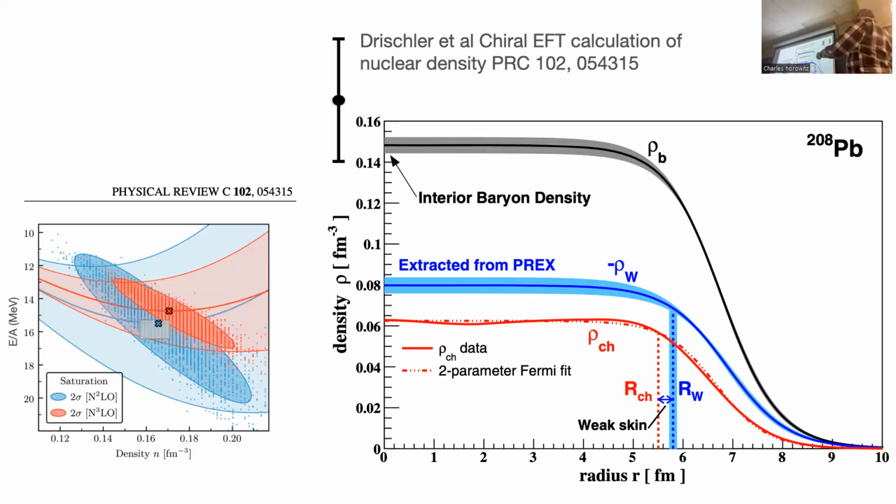Here's our measured baryon density in lead. It's about 0.15 nucleons per cubic Fermi. And this is the nearest clean, direct observable to nuclear density.